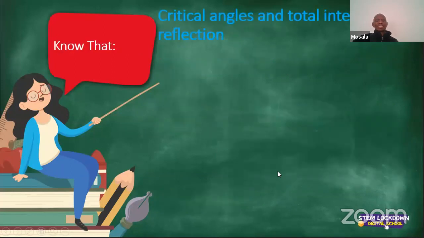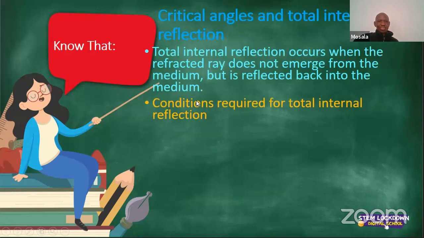Right, let's talk about the critical angle and total internal reflection. Before we talk about the critical angle, let's talk about total internal reflection. Total internal reflection occurs when a light ray does not emerge from one medium, but is reflected back into the medium.